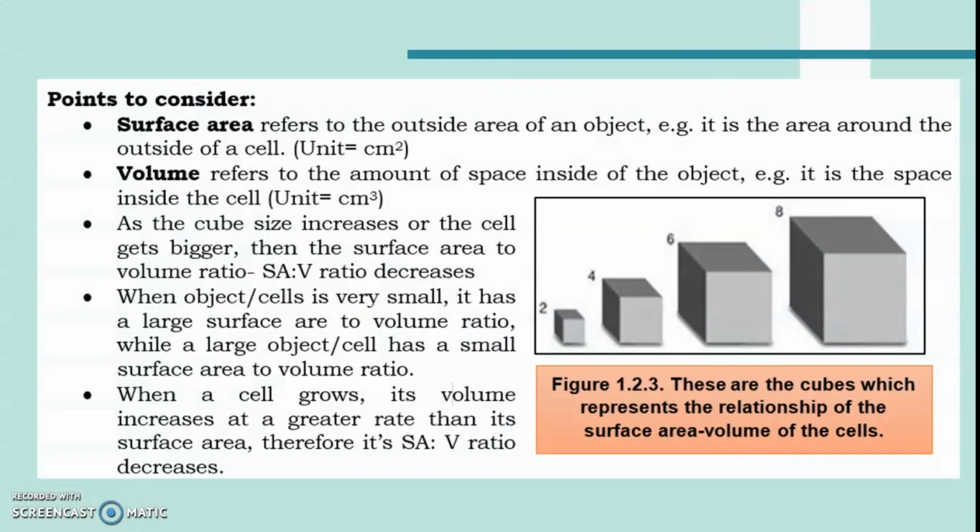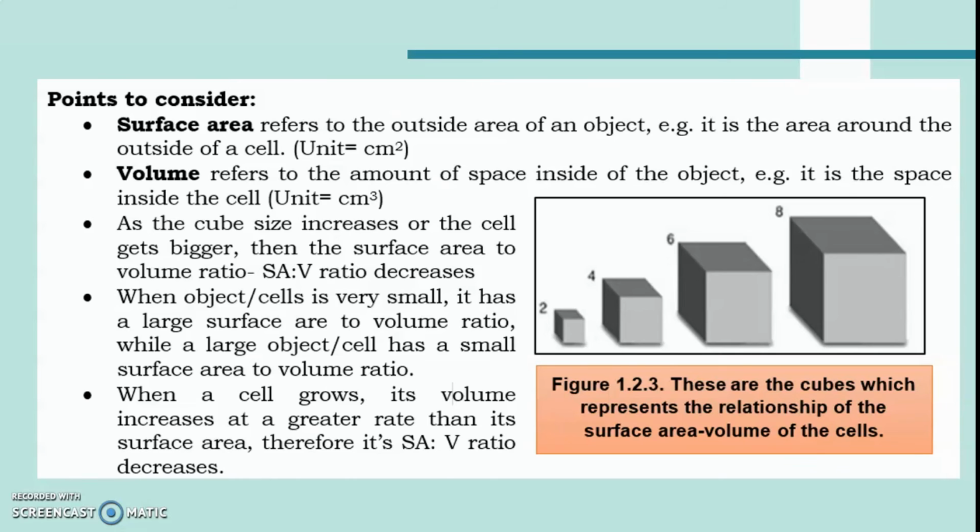Our key points here are, as a cell grows, its volume increases much more rapidly than its surface area. Since the surface of the cell is what allows the entry of oxygen, large cells cannot get as much oxygen as they would need to support themselves.